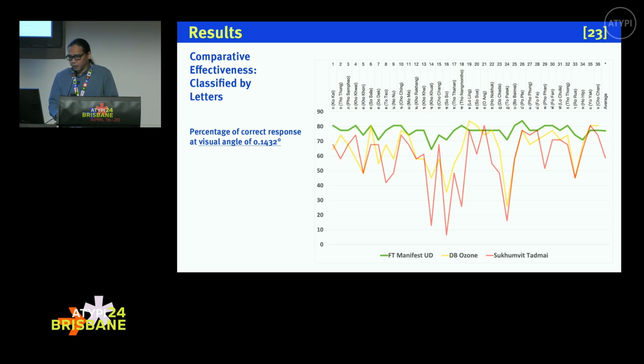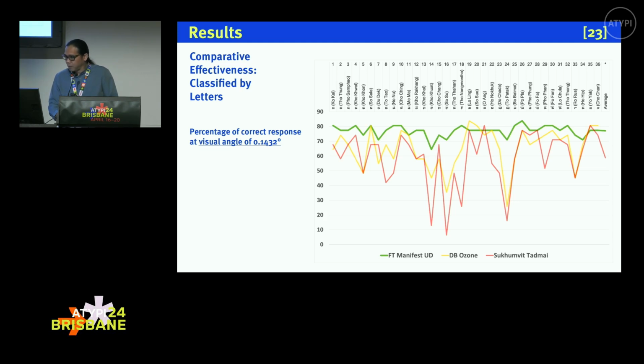Next, the basis of correct response at a visual angle of 0.1432 degree. Most of the effectiveness of FT Manifest is higher than DB Ozone and Sukhumvit Tadmai.